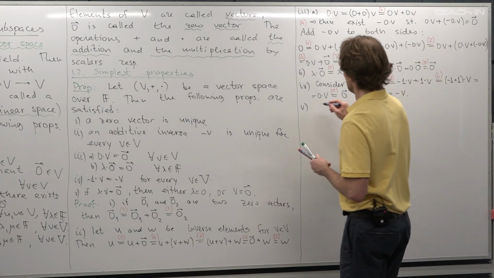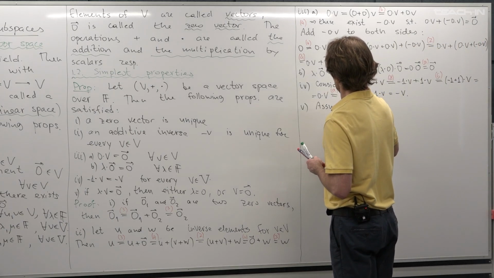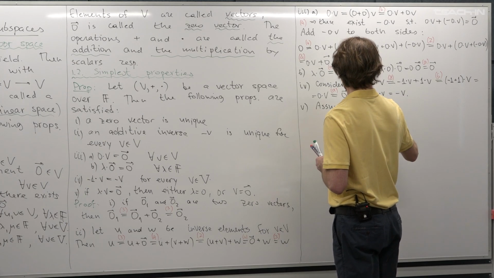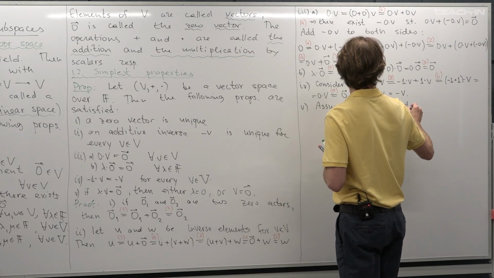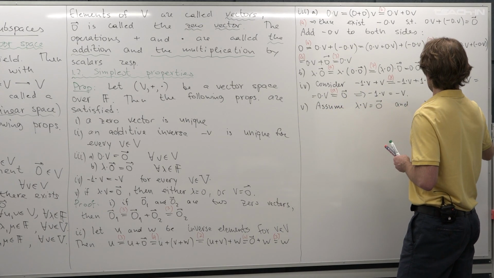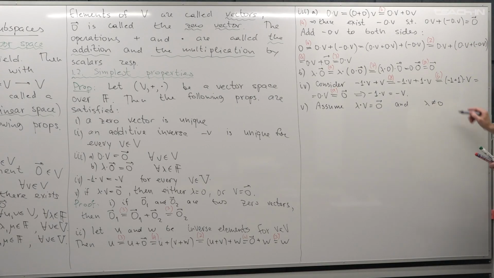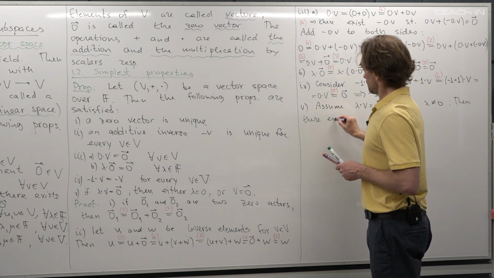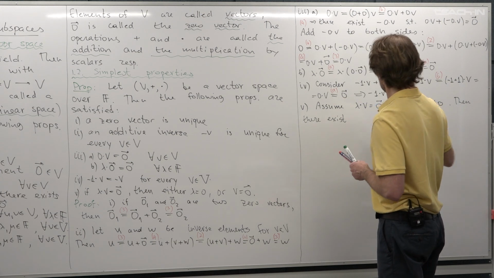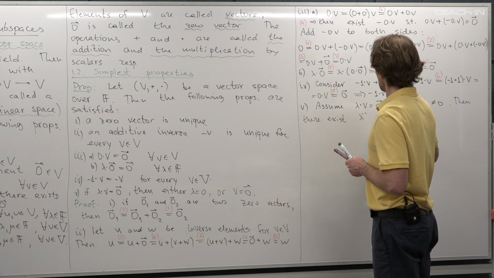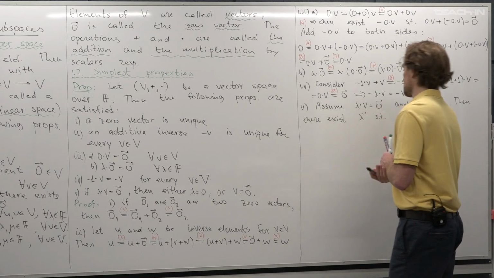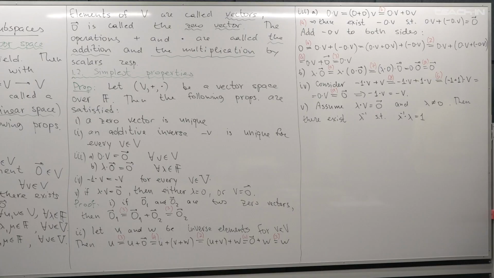So assume lambda multiplied by v equals the 0 vector, and lambda is not 0 in the field. Then, according to the definition of the field, there exists the multiplicative inverse lambda to the minus 1, such that lambda to the minus 1 multiplied by lambda gives 1, gives the multiplicative identity in the field.